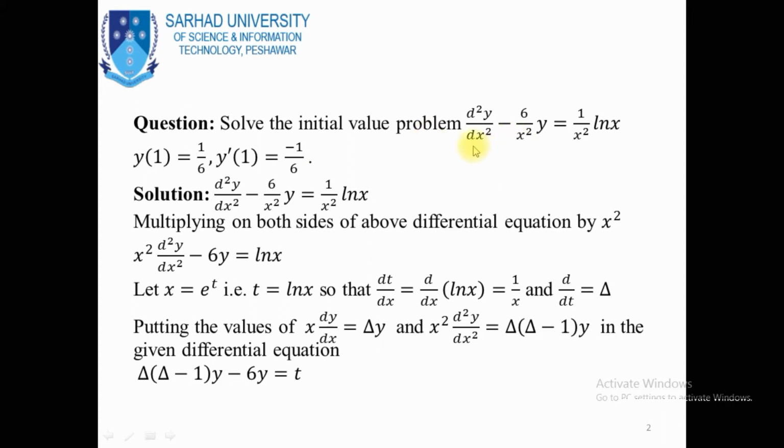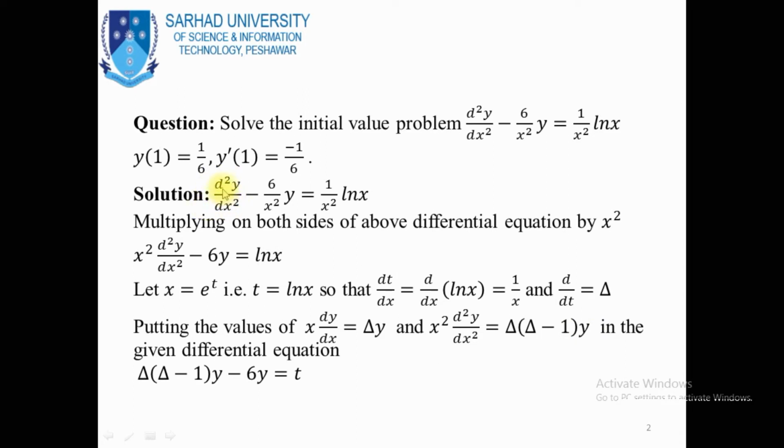Now first of all, to convert this Euler differential equation into one with constant coefficients, we use the substitution x is equal to e power t, where t is equal to log x, and x into dy by dx is equal to del y, and x square d square y divided by dx square is equal to del into del minus 1 into y.